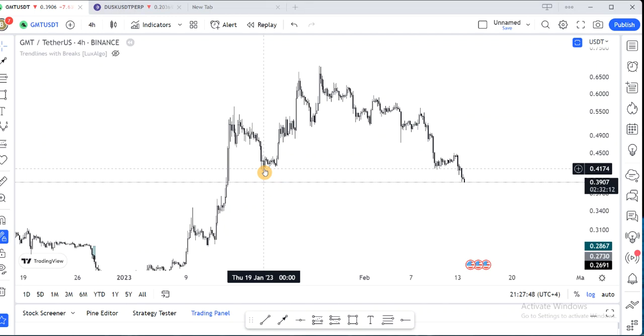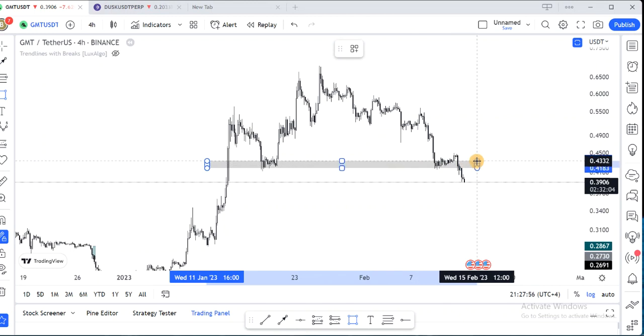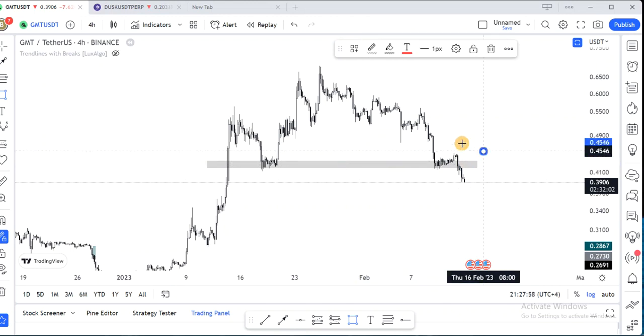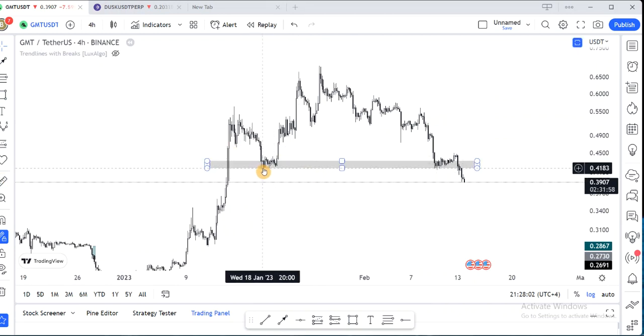So what happens next? For example, look at this particular trade that we traded today, and if you are in my community, you will see that we traded this today. This particular coin got a support here.